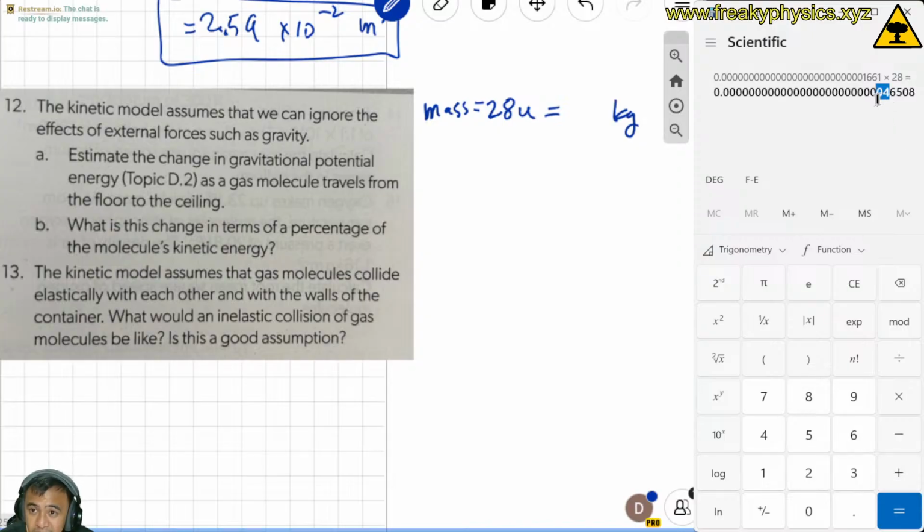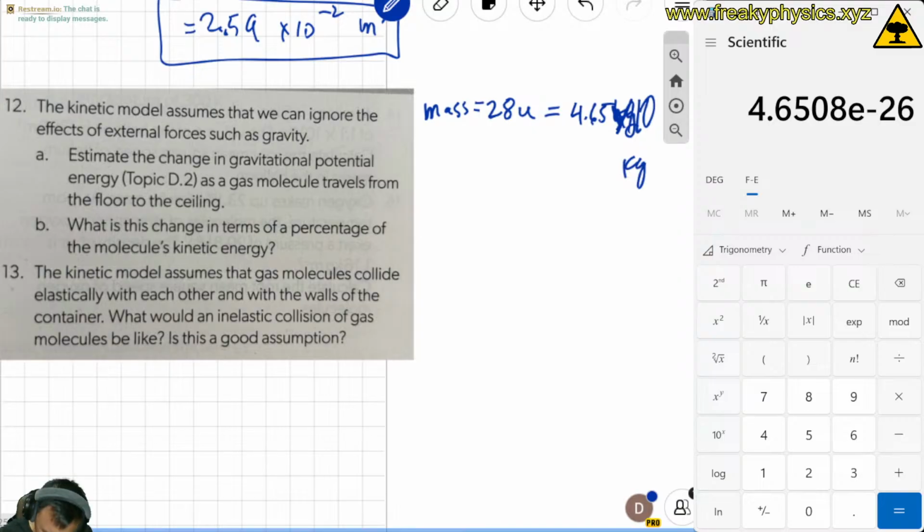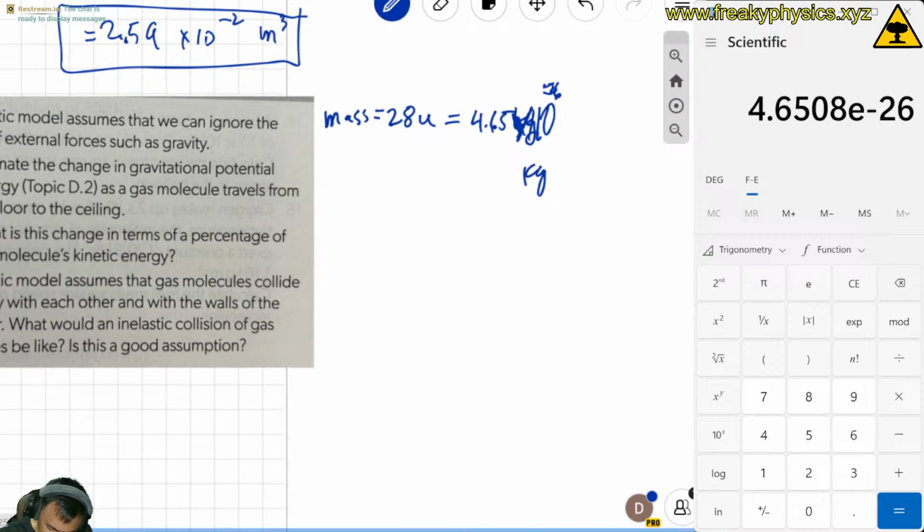That's 4.65 times 10 to the minus 26 kilograms. Again, that's the mass of one nitrogen atom or nitrogen molecule.